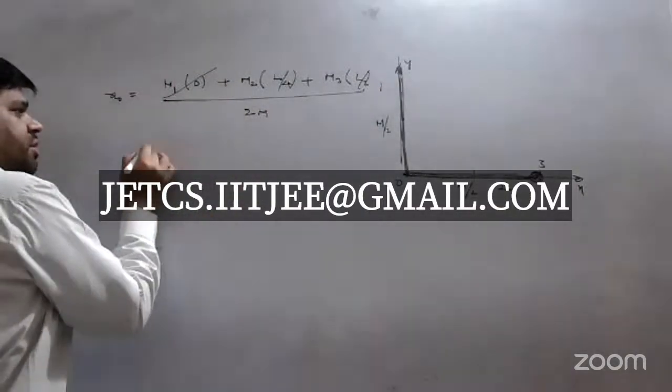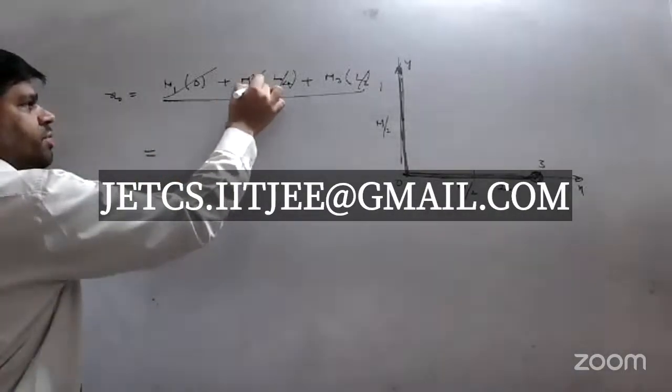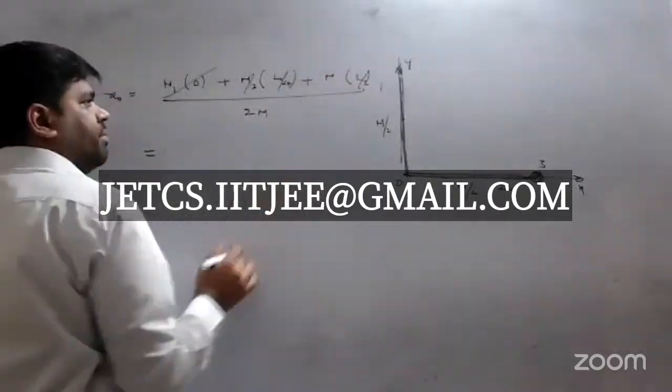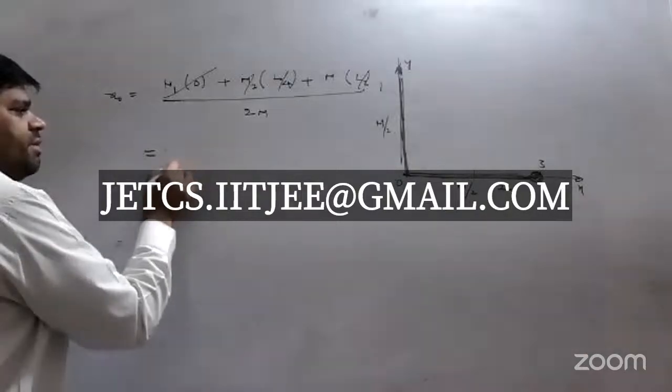This will be gone. M2 is m by 2, m3 is m. So m gets cancelled out. Simplify this and tell me what's the answer.